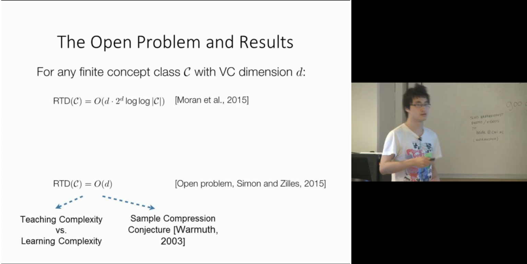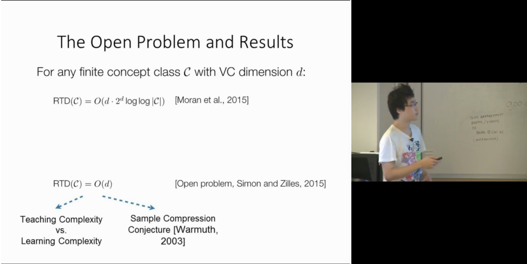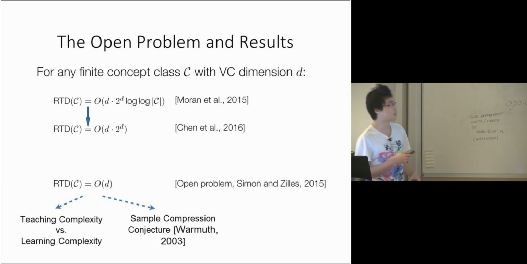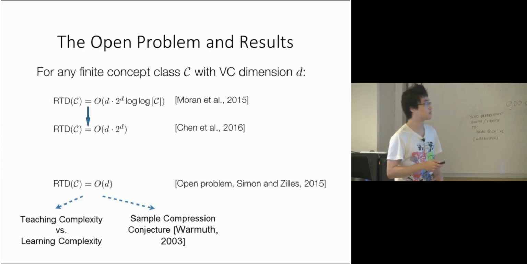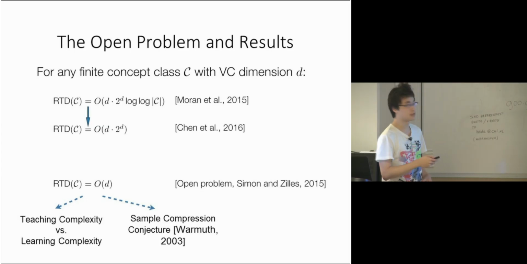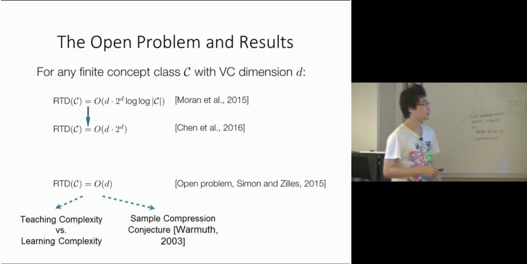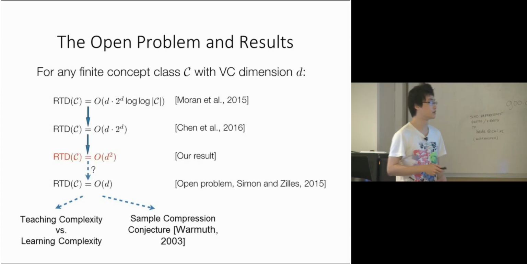In 2015, Moran et al. proved a first bound, before the open problem was proposed. Then in 2016, Chen et al. improved the result, with a bound that is independent of the size of the concept class. This is an exponential upper bound. And in this work, we proved a quadratic upper bound.